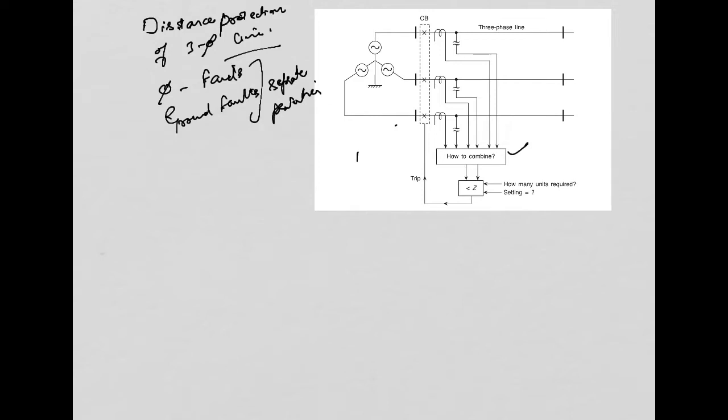And the phase faults, since each is associated with one pair of phases, are catered to by a single distance measuring unit. Three phase fault measuring units can cater for all the 7 phase faults.